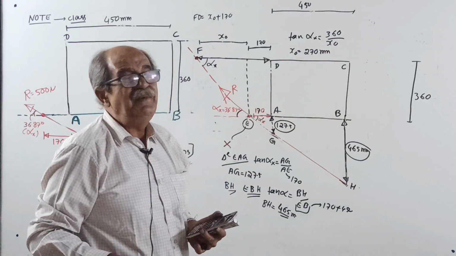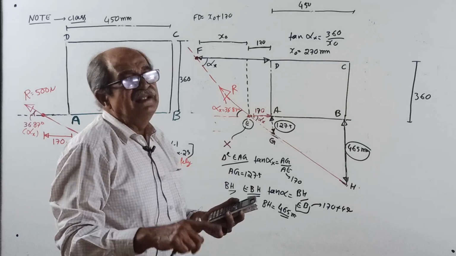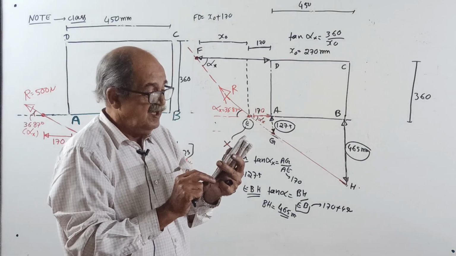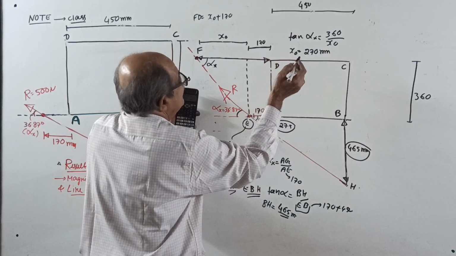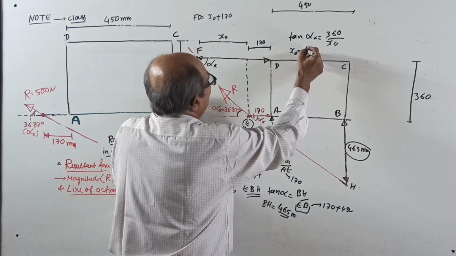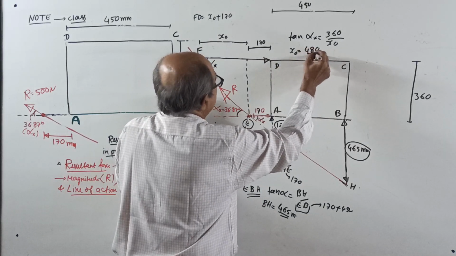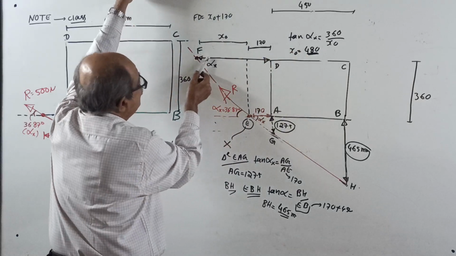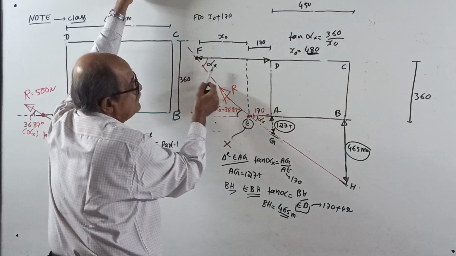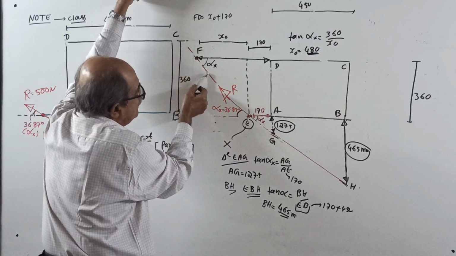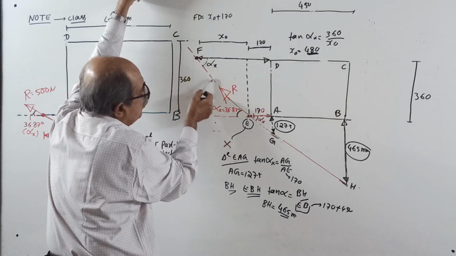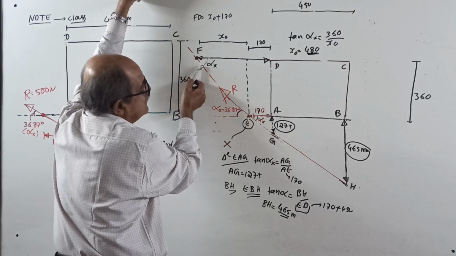Why? Because when I looked there, the answer looked odd to me. 480. See, sometimes it happens. It comes to 480. I'll tell you one more thing: when this is 36.87 degrees, this distance we got is 360.